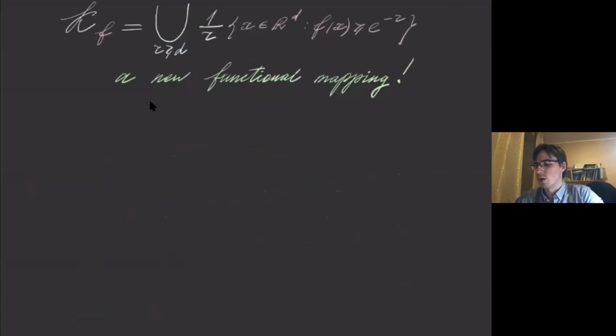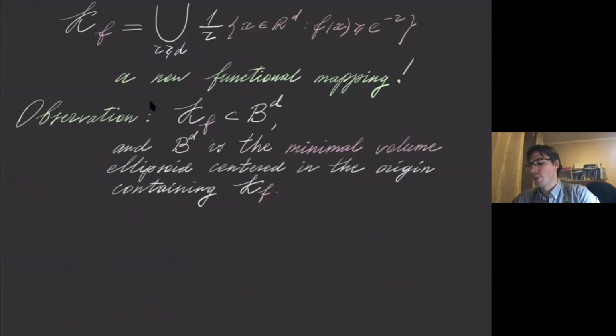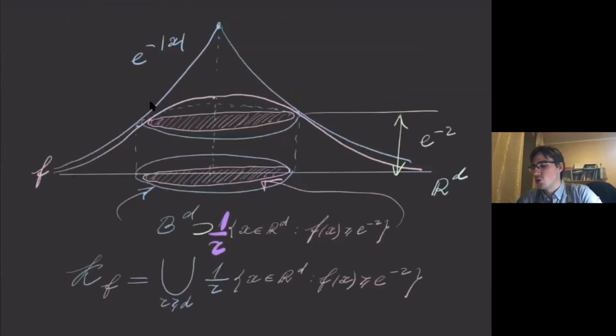What is interesting about this body K_f is that we have never actually seen it in the literature, but here is the idea. The Euclidean unit ball is the minimal volume ellipsoid containing this body K_f. Just because watch the way this body K_f has been constructed.